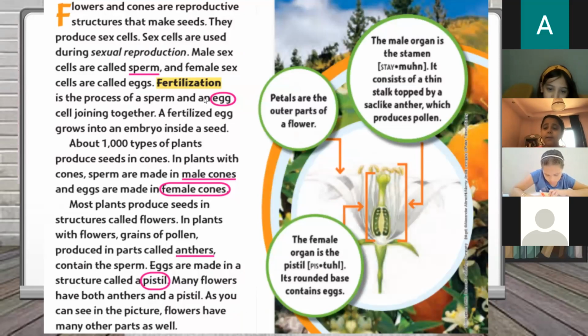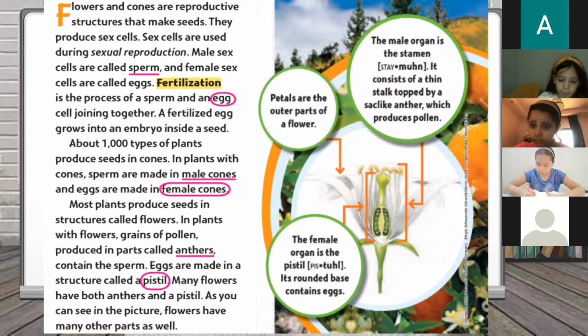Okay, guys, and we learned how a flower can produce a fruit. A flower, first of all, will produce a seed when the sperm comes from the male part to the female part, goes down the pistil to the ovary, joins the egg, and makes a fertilization process.